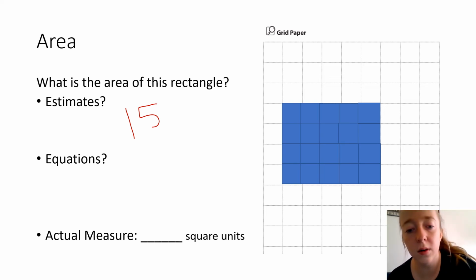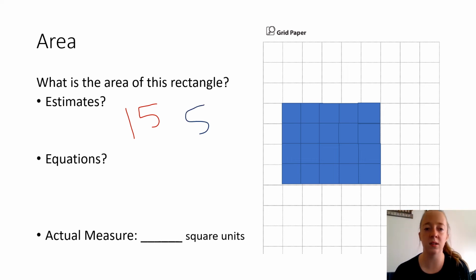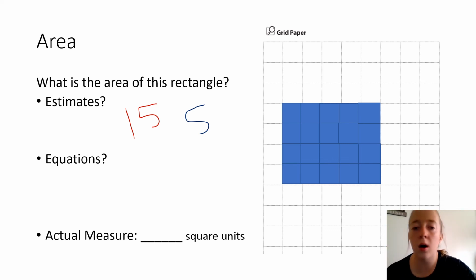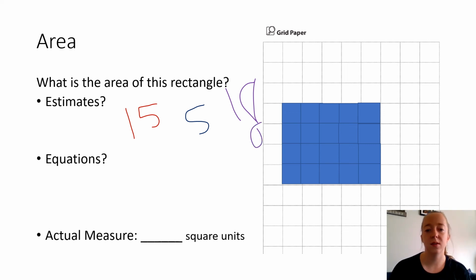Oh, thank you. Well, that was someone from the audience who said it was 5 square units. Do we have any other guesses? How about 18? These are all really great choices. Okay, so we have some estimates, right?